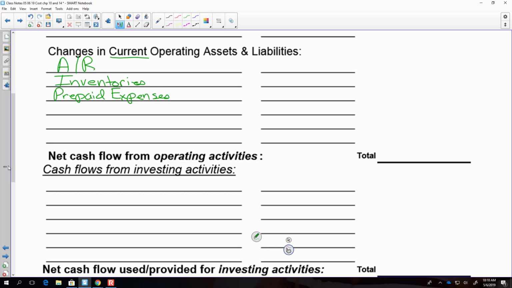Looking at the liability section, which ones are current? Accounts payable. Any more? I think that's it. What could be?